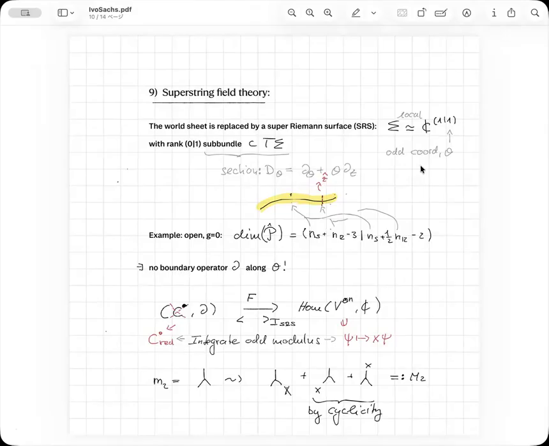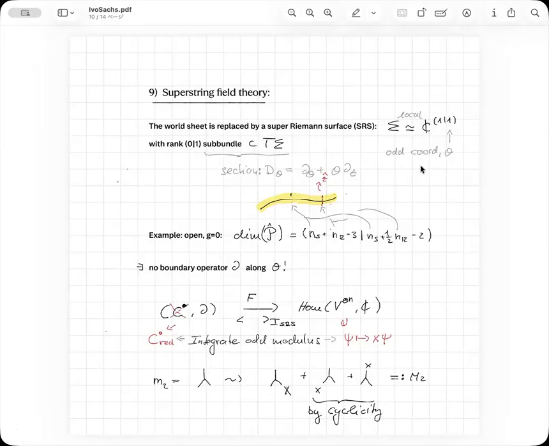What's the difference between string field theory and superstring field theory? String theory was based on a Riemann surface, and we were studying the moduli space of these Riemann surfaces, maybe of genus g.